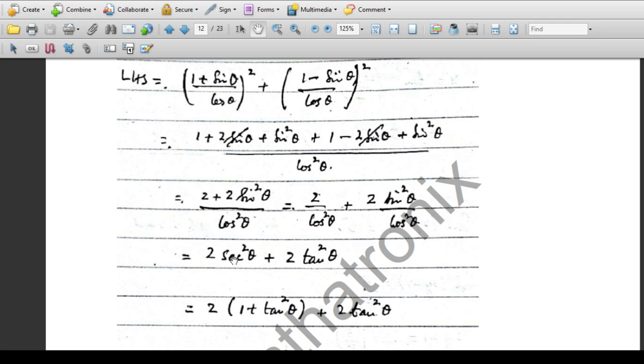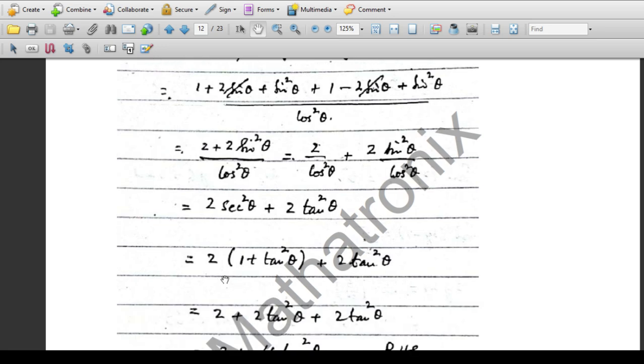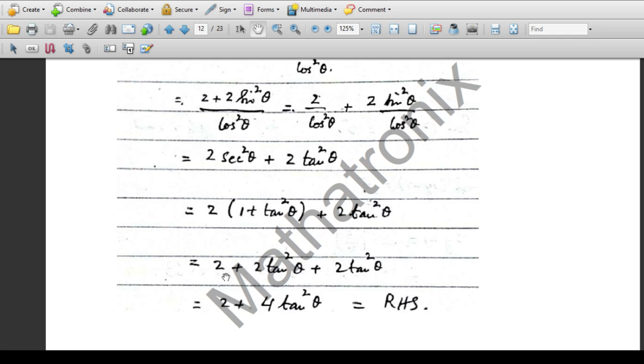We can write sec square theta as 1 plus tangent square theta, using identities. So this is 2 plus 2 tangent square theta plus 2 tangent square theta. So 2 plus 4 tangent square theta.